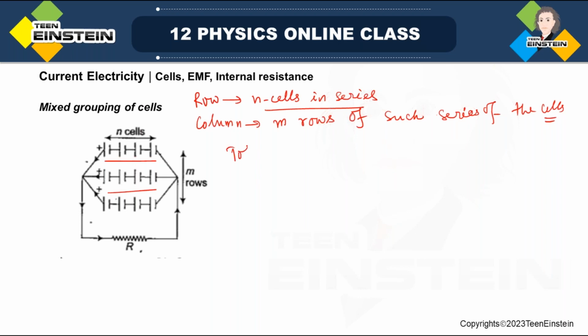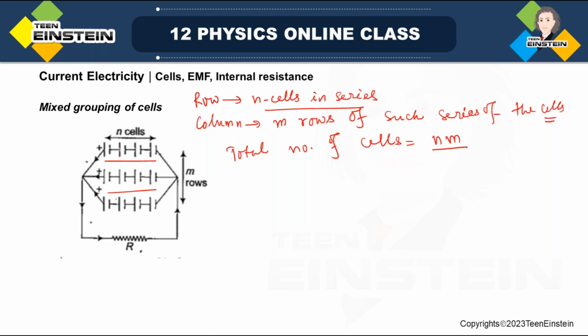So with M rows and one column, and in one row there are N cells, the total number of cells will be N into M, or mn, whatever you say.